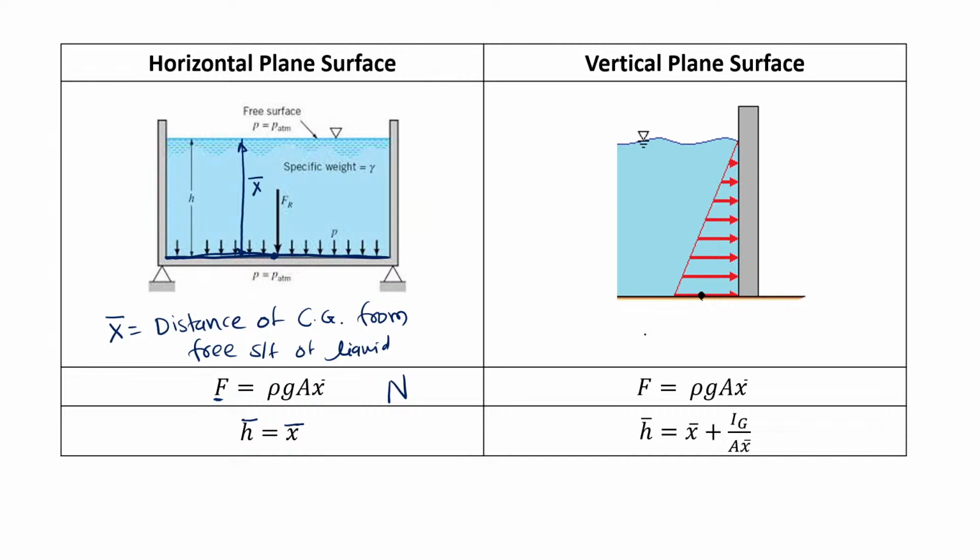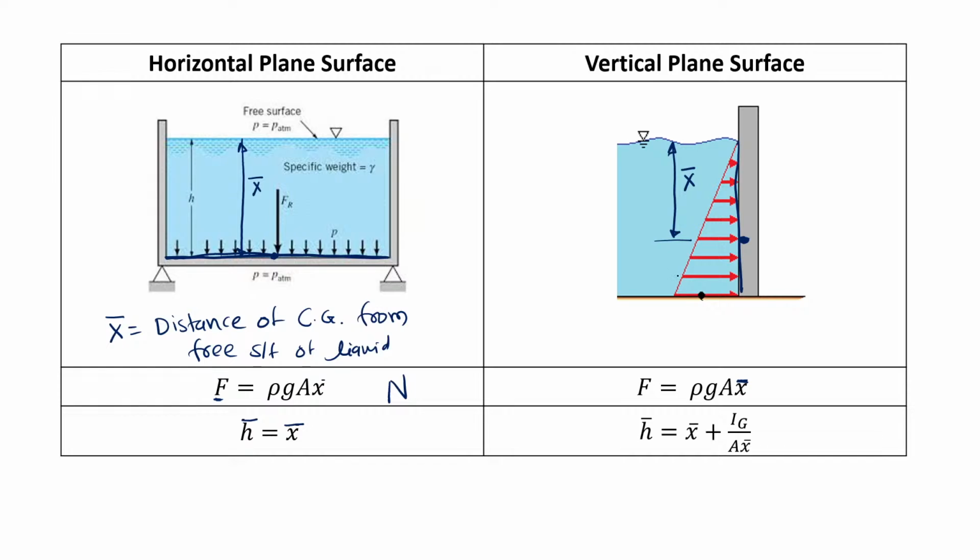Now, in case of a vertical plane surface, again the formula remains the same, that is rho g A into x bar. The formula remains the same, but the center of pressure will change. In case of a vertical plane surface, the center of pressure is x bar plus Ig upon A x bar. So suppose this is your vertical plane surface and this is the location of the CG.